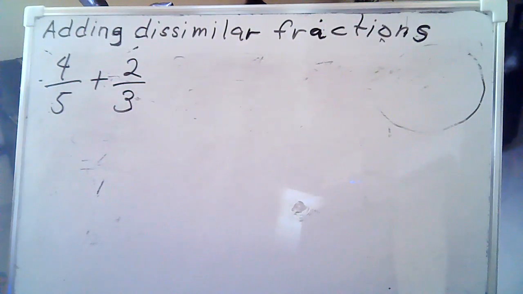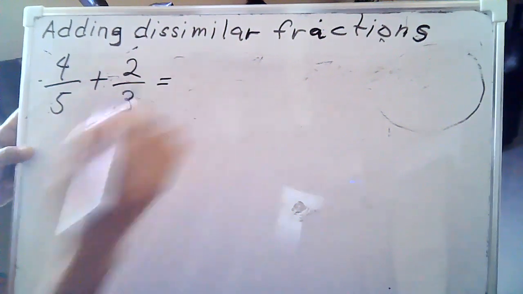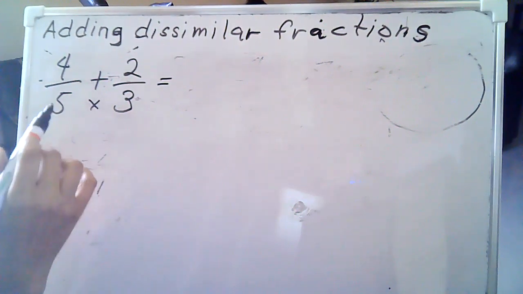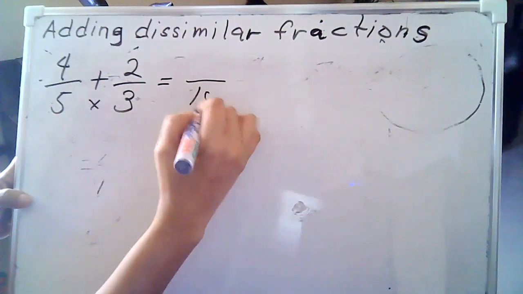Now, first, what we are going to do is rename the fraction, okay, by getting their LCD. So what is their LCD? So like what I did earlier, the easiest way is to multiply the denominator. So 5 times 3 is 15.